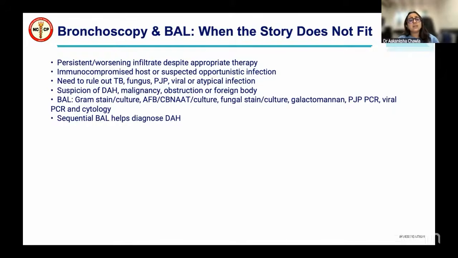So it would depend upon the underlying pathology. And when you are sending your BAL, you need to send the stains, the appropriate cultures, CBNAAT, fungal stain, even galactomannan, PCP PCR, viral PCR and cytology. All this needs to be sent if you have done your BAL for your patient.